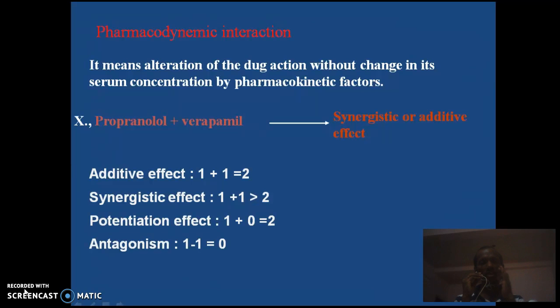Synergistic effect, in which the effect of the combination of two drugs is greater than the sum of the individual effects of the two drugs. Potentiation effect, in which a drug which is not having any effect increases the effect of a drug which is having a particular pharmacological activity. And antagonism is in which the effect of one drug gets nullified by the presence of another drug. So these are the four different possible pharmacodynamic interactions.